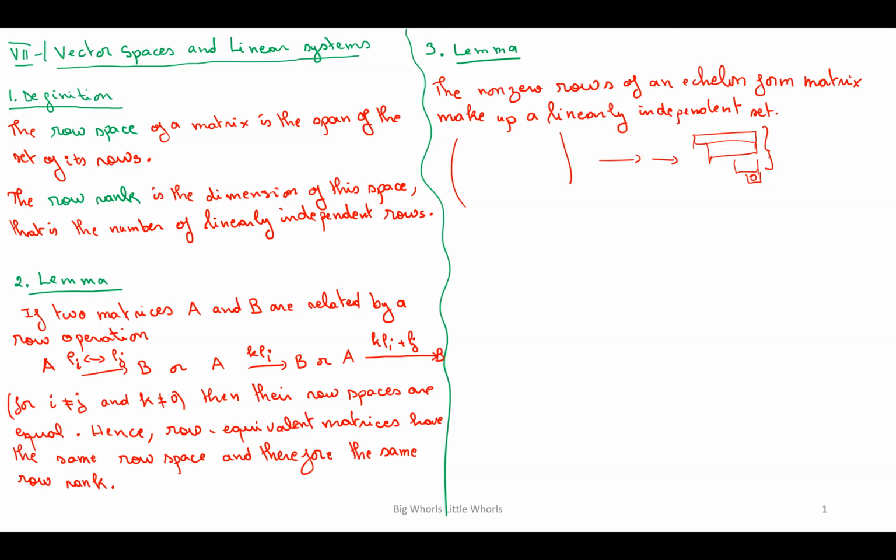So these non-zero rows form a basis for that row space. That's how in the next video we are going to find a basis and therefore a rank, that means the dimension of the row space.